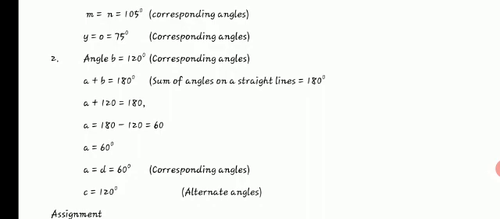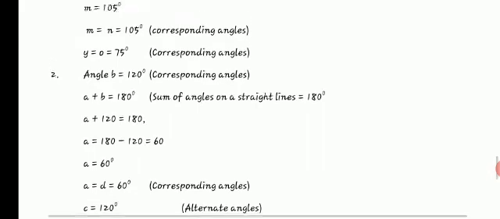So that one leads to an equation. A plus 120 is equal to 180. A is equal to 180 minus 120. That gives us 60 degrees. Therefore, your A is equal to 60 degrees. Angle A is equal to angle D, and both of them are equal to 60 degrees because they are corresponding angles.